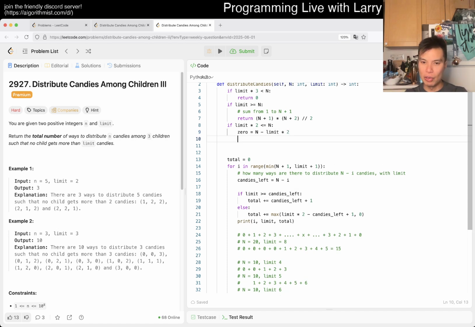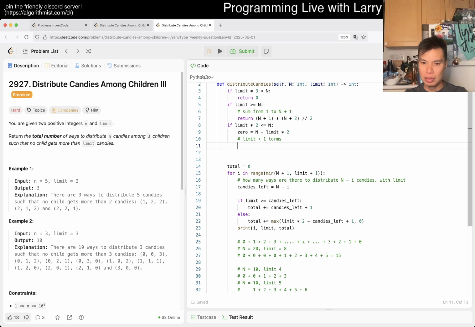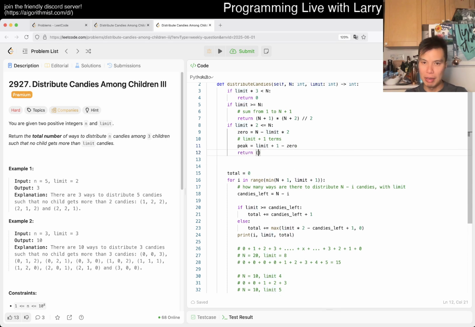And then we want limit plus 1 terms total, so it's going to be limit plus 1 minus the used ones. And that is the highest peak. And then now we can return peak plus peak times peak plus 1 over 2, right?